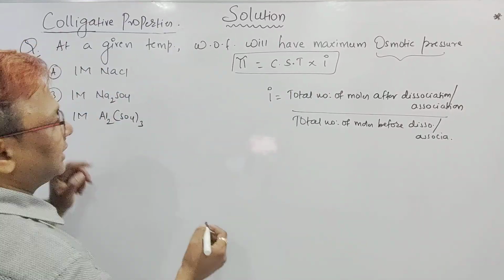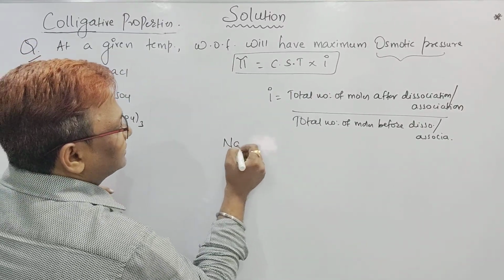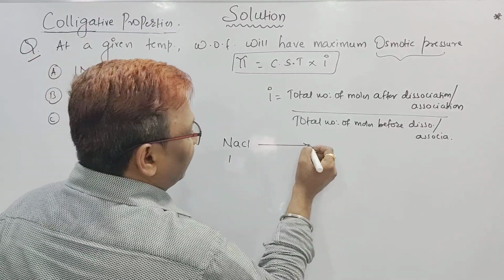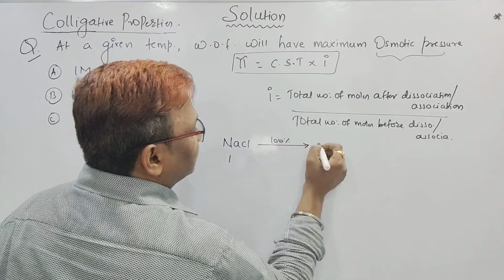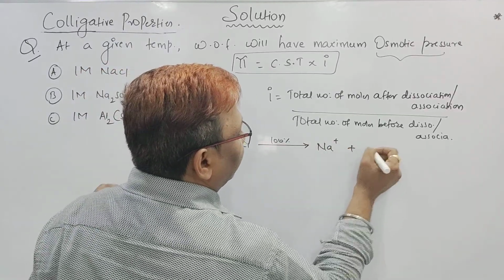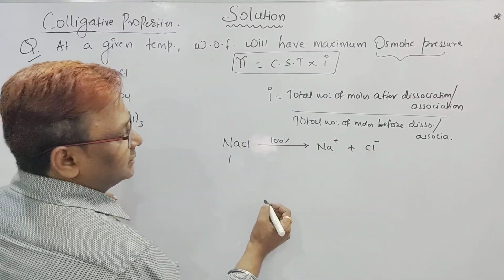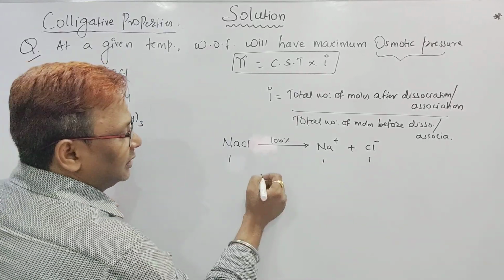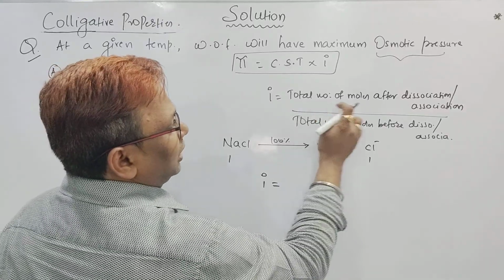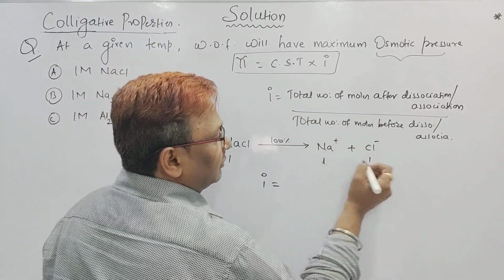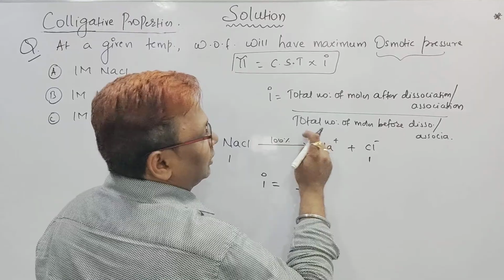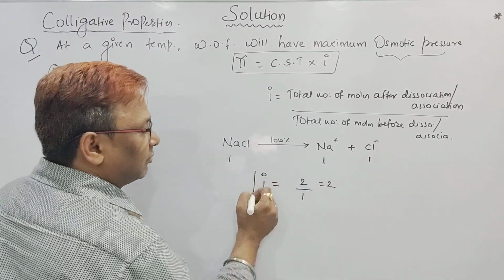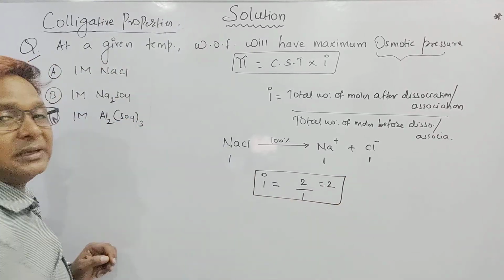I'll explain better. See, suppose NaCl is there. It is 1 mole initially, but when it is dissociated 100%, what do we get? 1 mole of Na+, 1 mole of Cl-. Total number of moles after dissociation is 1 plus 1, 2 moles, divided by total number of moles before dissociation, 1. So the i value is equal to 2 for NaCl.